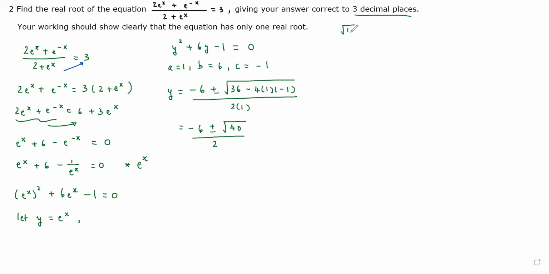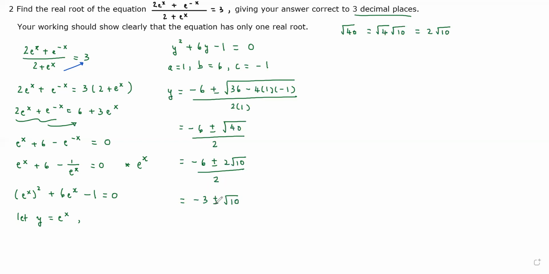The square root of 40 is the square root of 4 times the square root of 10, which is 2 square root of 10. And we have negative 6 plus or minus 2 square root of 10 all over 2, which is negative 3 plus or minus the square root of 10.